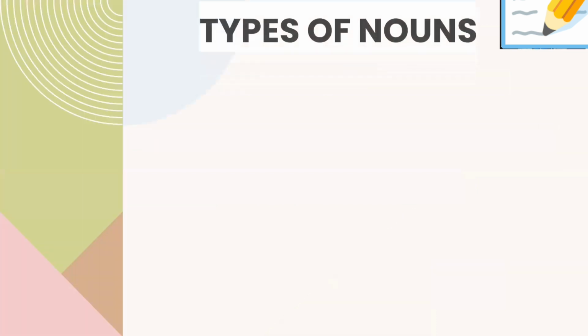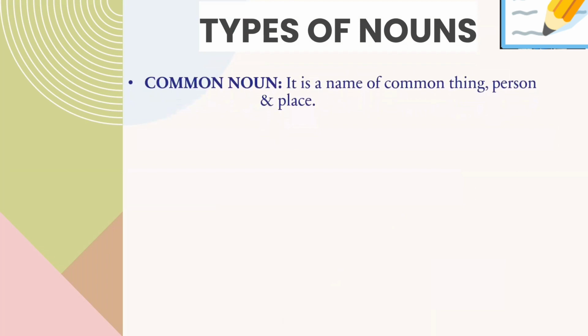And then let's talk about the types of nouns. The types of nouns are very important to understand, so that we understand more about the noun. Common noun is the first type.